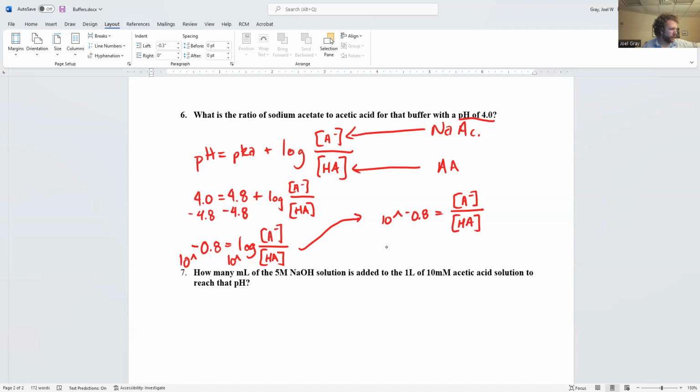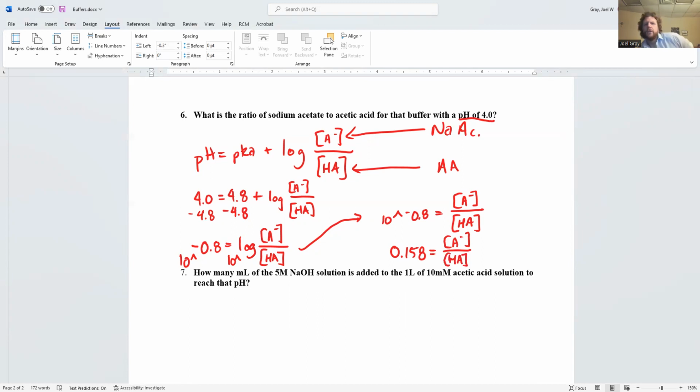I'll use a calculator on my computer, and that gives me 0.158 equals the concentration of my deprotonated form over my protonated form.